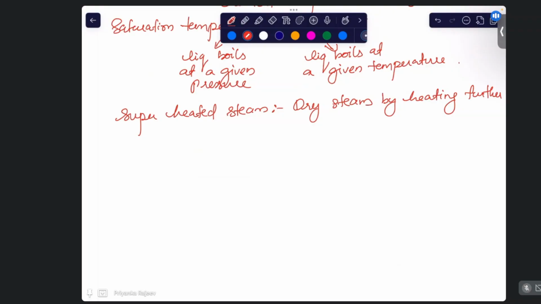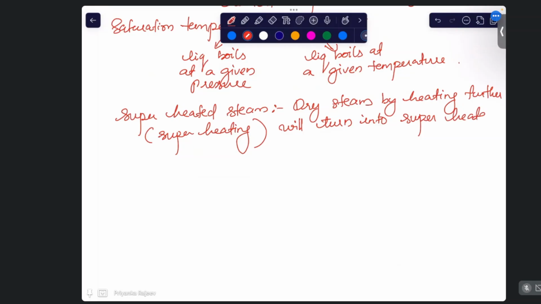That process is called superheating, and it will turn into superheated steam.